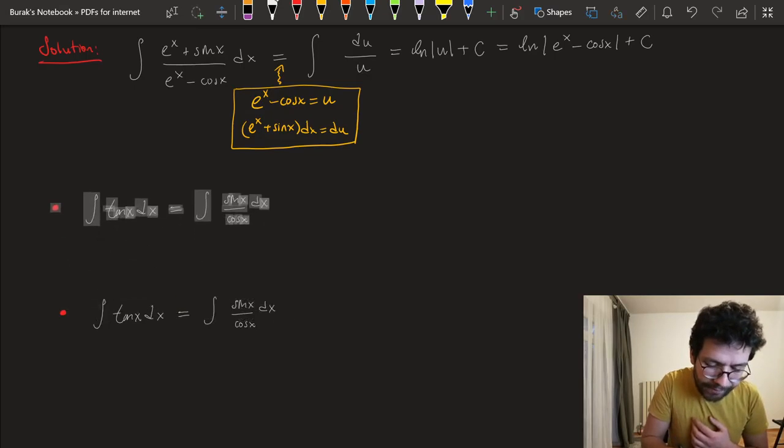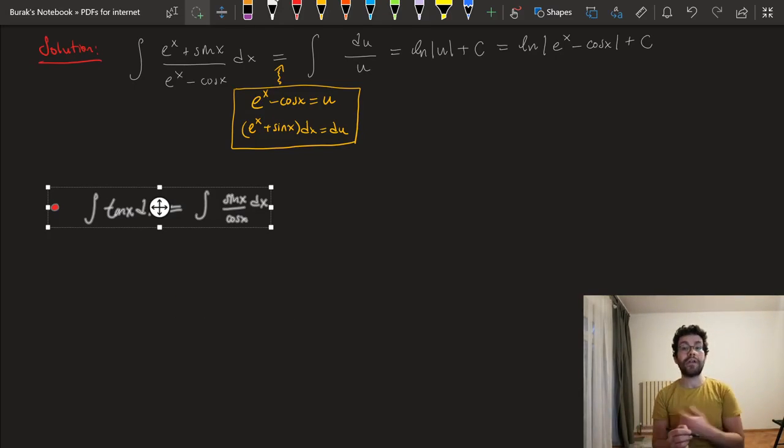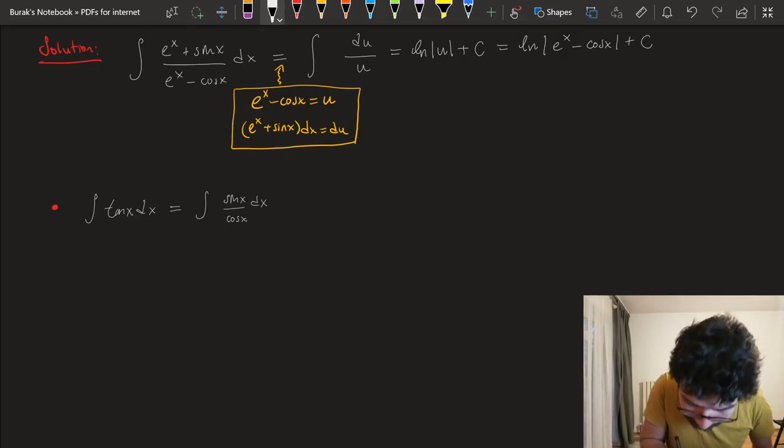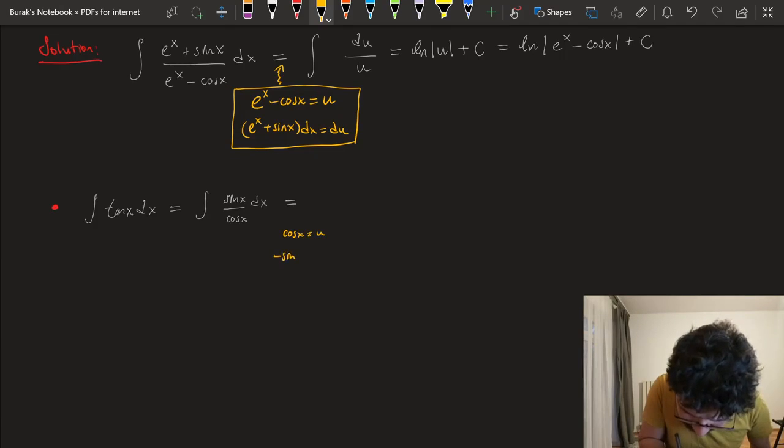I'm going to do the correct substitution first, then I'm going to show you what happens if you use the wrong substitution. So I'm going to call cosine of x u. Then minus sine of x dx will be your du.